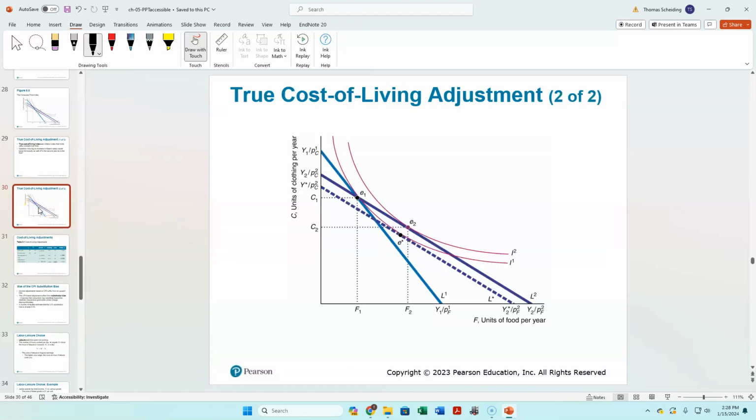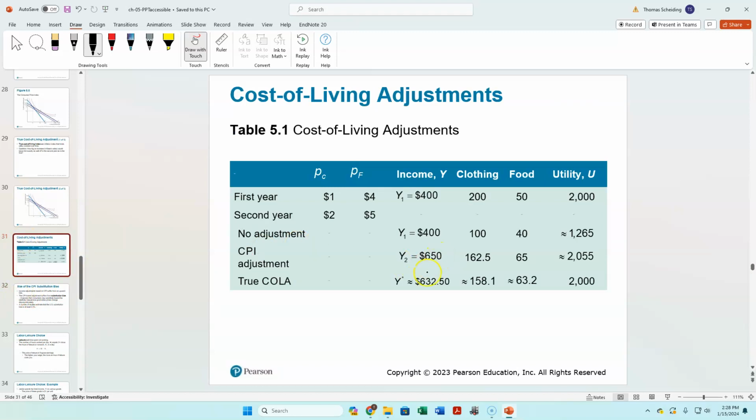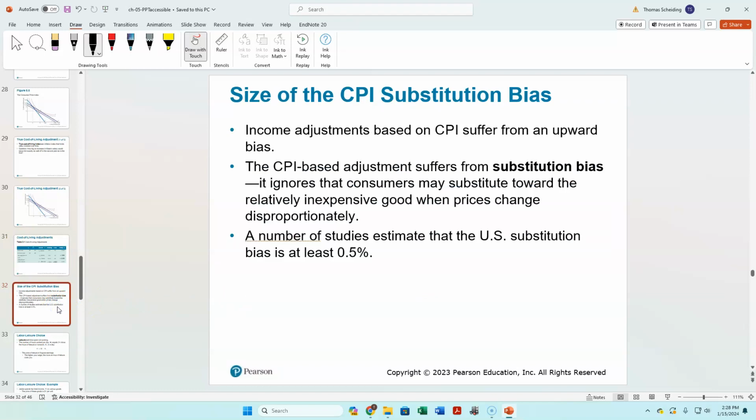And so we can see here where I stay on my same total indifference curve, rather than letting inflation leave me better off. That difference from 650 to 632.50 has a name, and that name is the substitution bias.